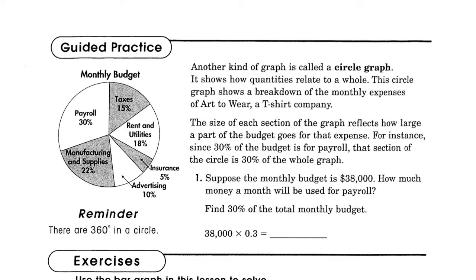So it says, suppose the monthly budget is $38,000. How much money a month will be used for payroll? Well, if you look over here, payroll is at 30%. So on our calculator, we take 38,000 times 0.3, or 38,000 times 30%, depending on if you have a percent key or not.